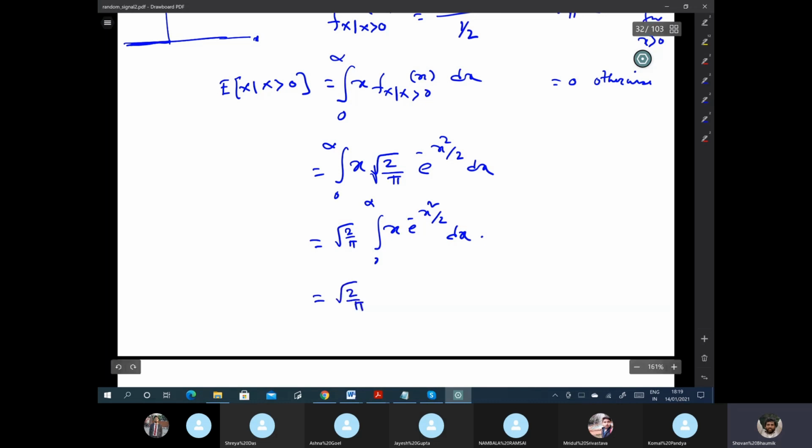So root 2 by pi e to the power minus x square by 2, whose limit will be 0 to infinity. If we put infinity, it will be minus 0. If you put 0, it will be minus 1. Some problem is there. So it will be 0 minus minus 1, root 2 by pi. Is it clear to all of you?